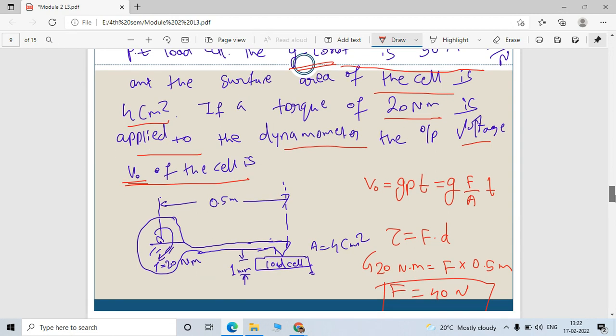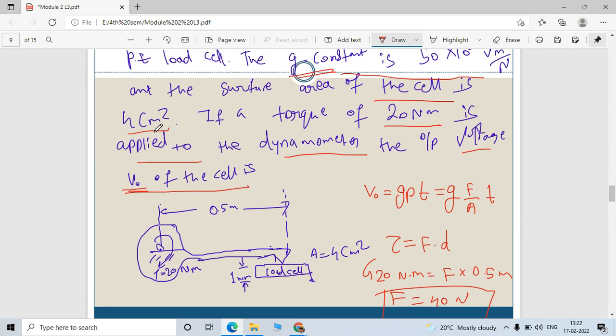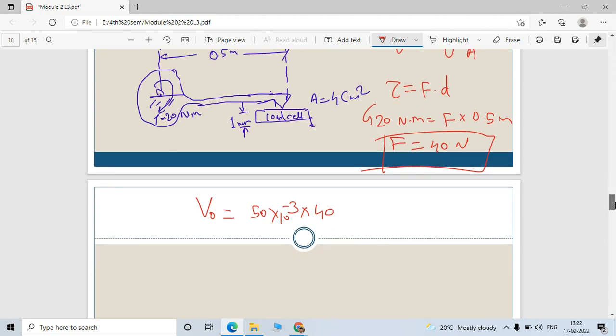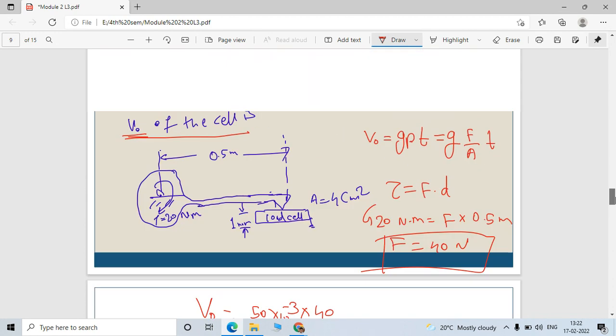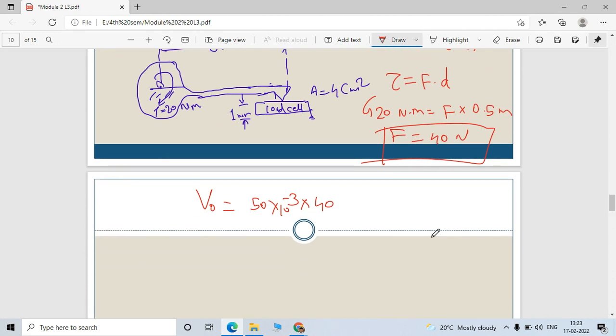The area is 4 centimeter square, right? Convert it to meter, which is nothing but your 4 into 10 to the power of minus 4 meter square. And the thickness is 1 mm, which is nothing but your 10 to the power of minus 3. When you solve this, you will get 5 volt.